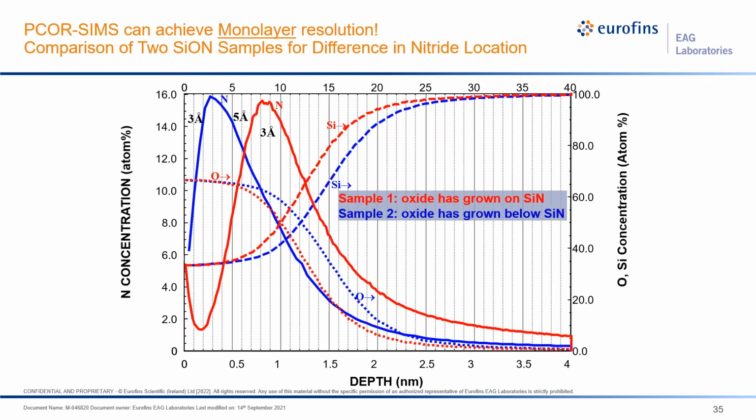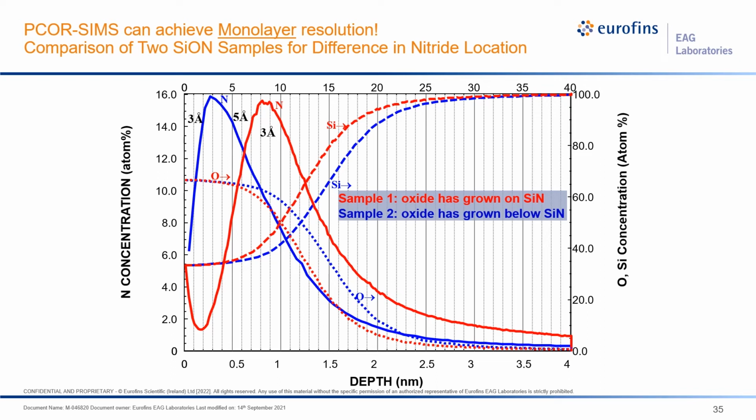SIMS also has a very high depth resolution. It can detect single monolayers in a structure. This is an overlay of two samples, two SiON gate dielectrics. The difference between the two is that sample one has the nitrogen at the oxide silicon interface. As you see, oxygen is going down, nitrogen going up, and then the silicon goes up after that.